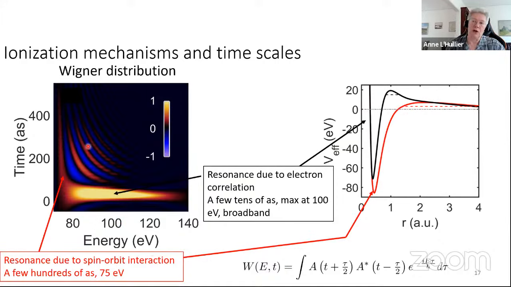And in between, you have interference between these two processes. So in summary, we can identify here this giant dipole resonance, short lifetime, broad bandwidth, and at threshold, a narrow resonance, which probably has to do with some relativistic effect and probably spin flip, which explains the narrow resonance and long lifetime.